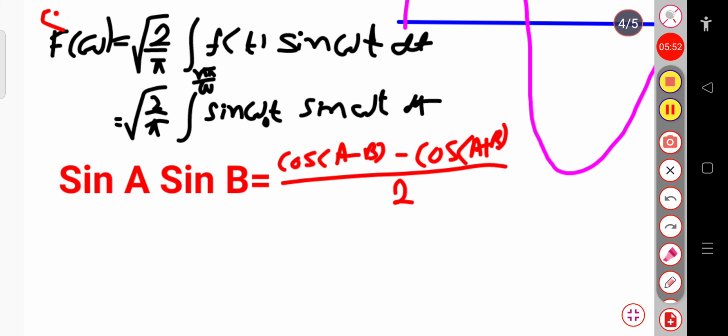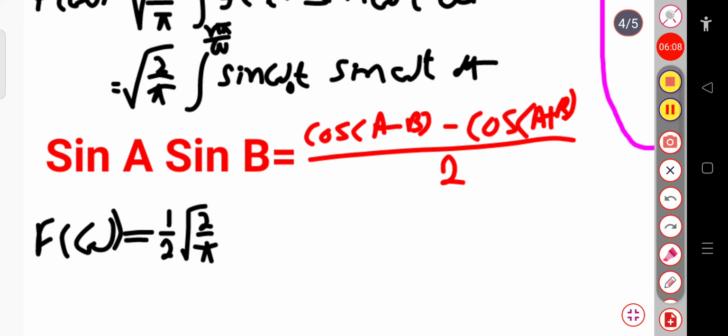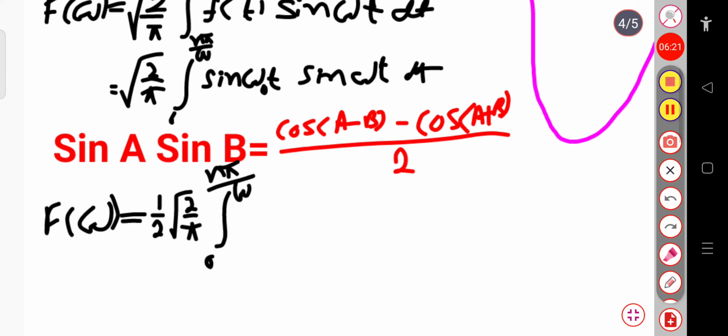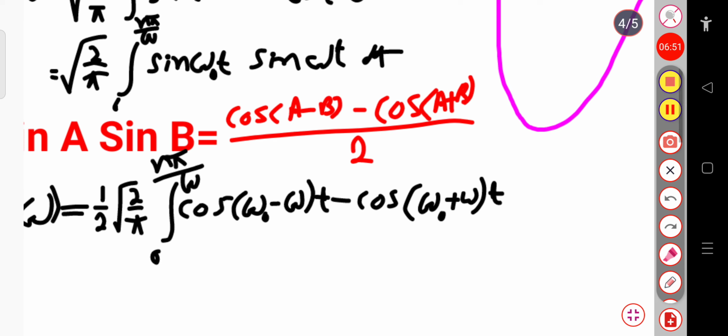Now if I put this in the above equation, then f of omega will be equal to 1 by 2 into root over 2 by pi, into the integration from 0 to n pi divided by omega of cosine (omega naught minus omega) into t, minus cosine (omega naught plus omega) into t, whole into dt.